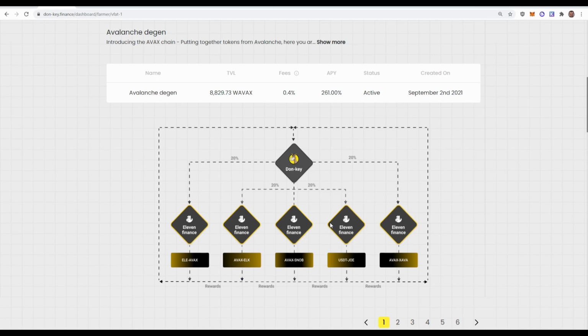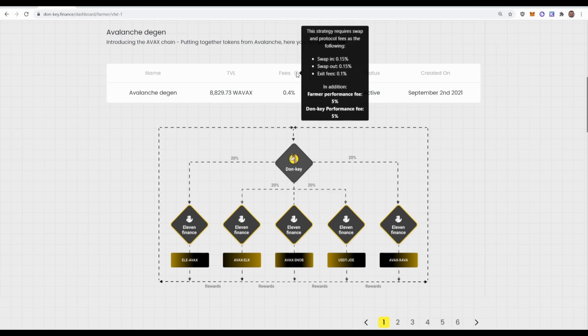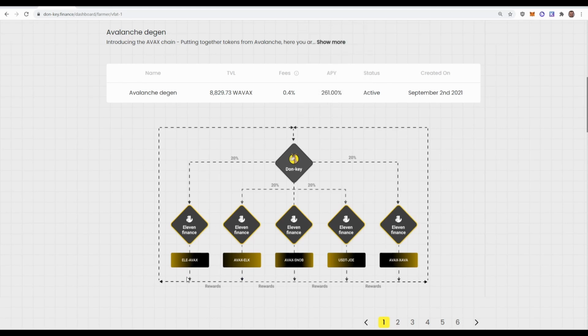Let's have a look at the fee structure. We can see that there is a swap-in fee, which is applied by the protocol, in this case 11 Finance. We've got a swap-out fee, and we've got exit fees. So to be more precise, swap in and swap out is done by the automated market maker that is used to acquire these currencies.